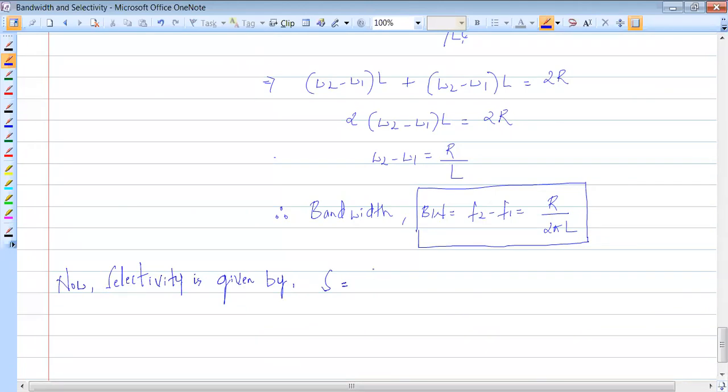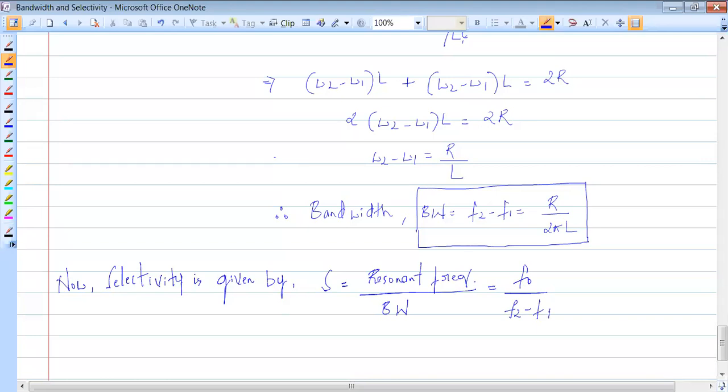It is resonant frequency divided by the bandwidth. What is resonant frequency in terms of f? It is f naught, and bandwidth in terms of frequency in hertz is f2 minus f1.